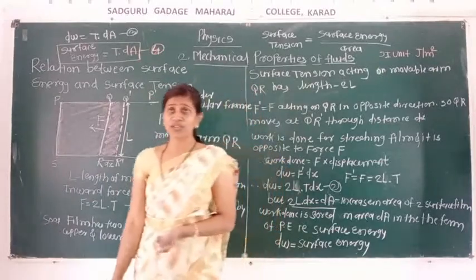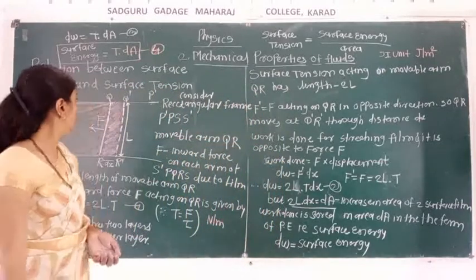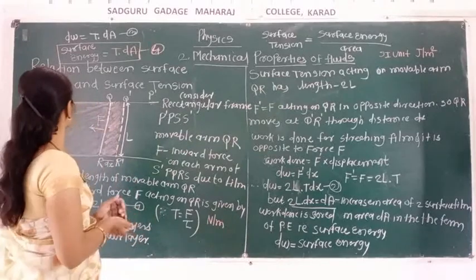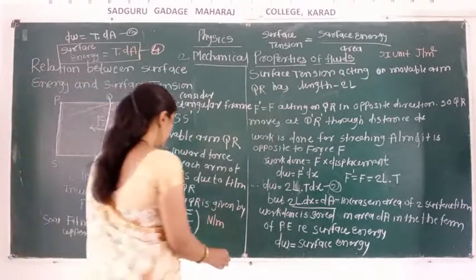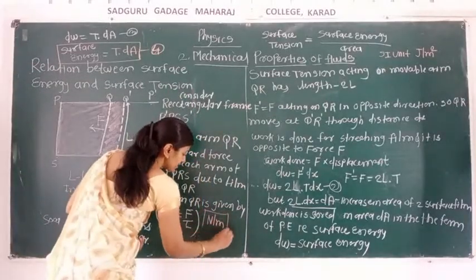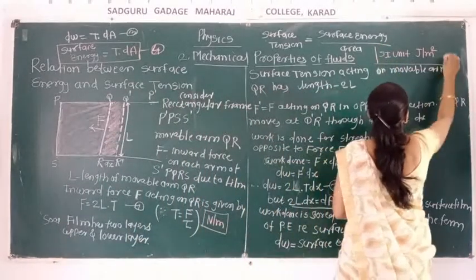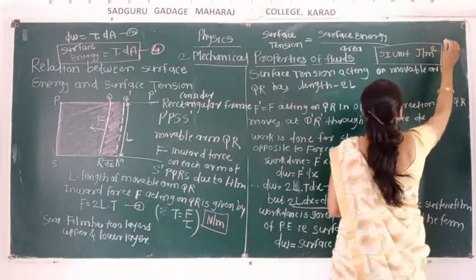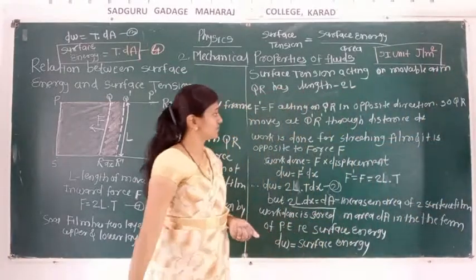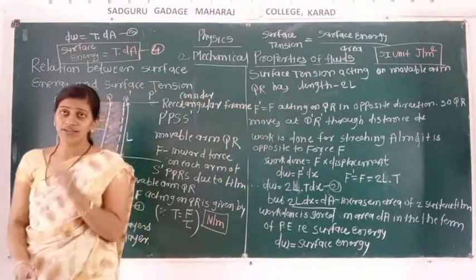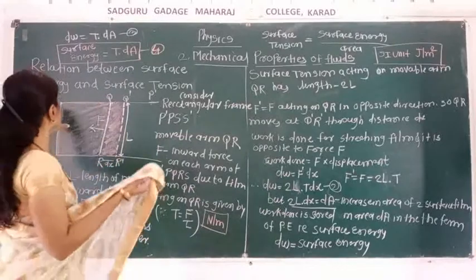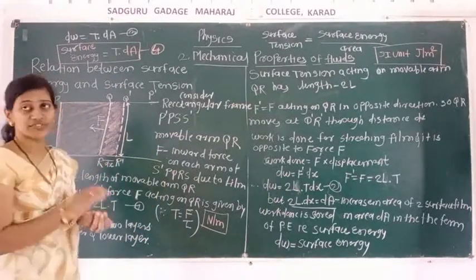In state board also they will ask a 3 mark question on the relation between the surface energy and the surface tension. See here, one unit of surface tension is Newton per meter, and here we are getting another equivalent unit for the SI unit of the surface tension. Let me revise this part within some minutes. It is a relation between the surface energy and surface tension.